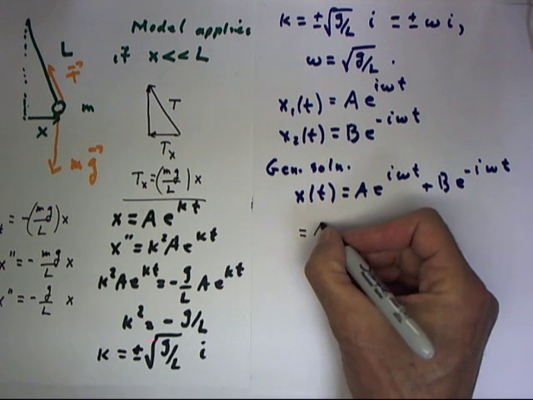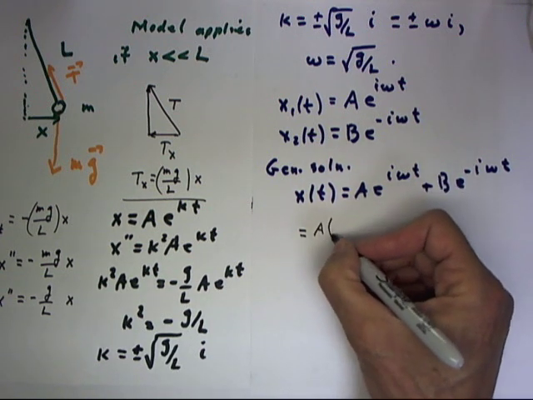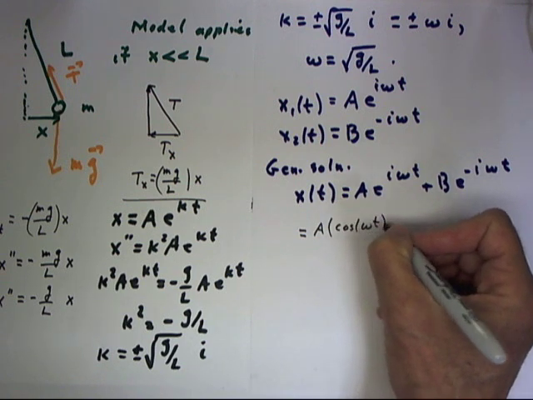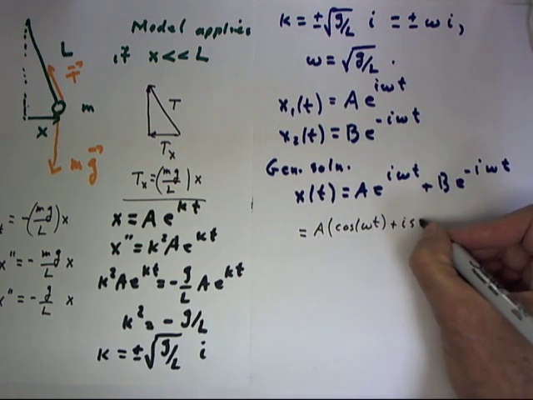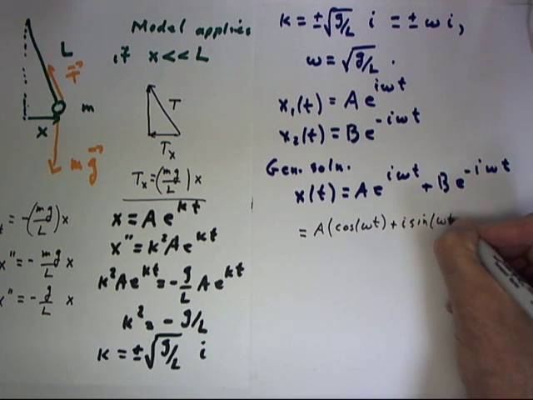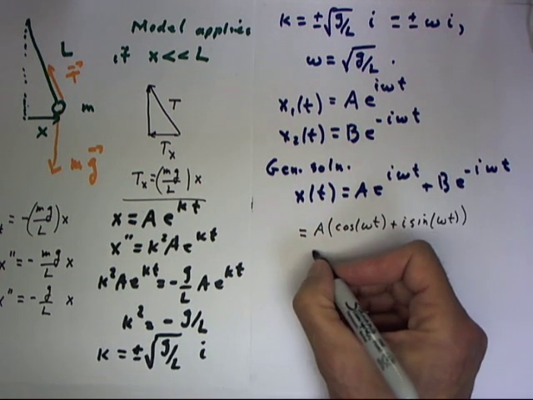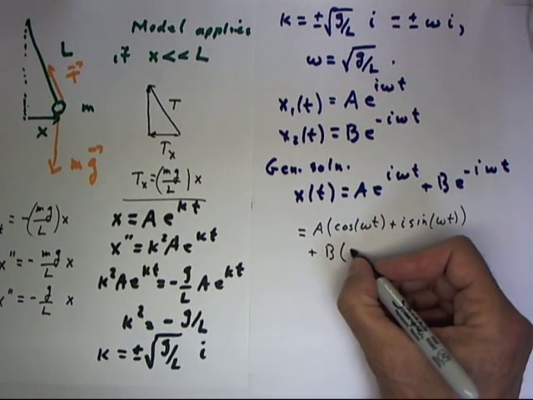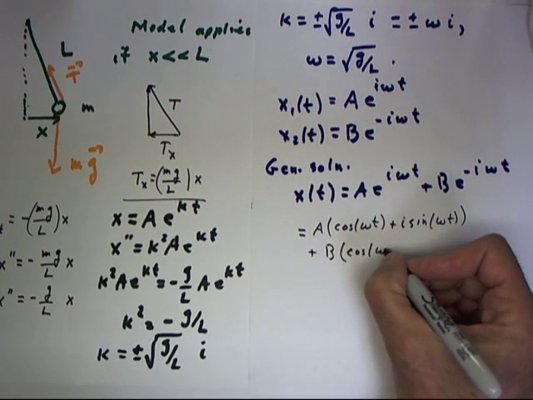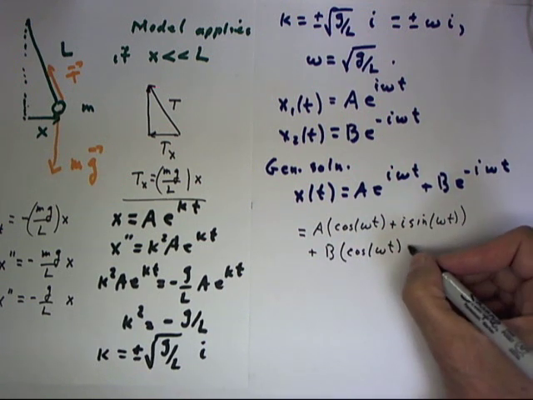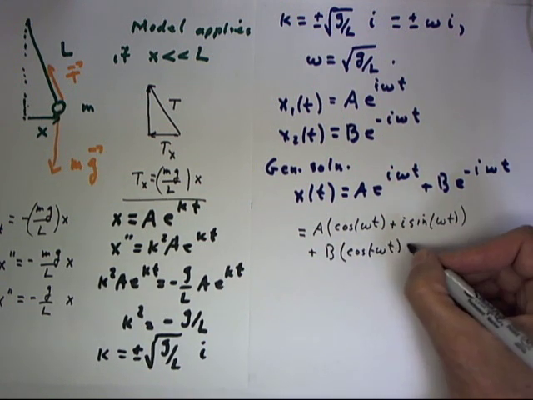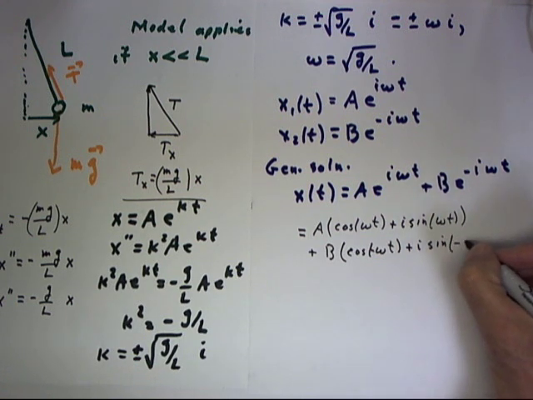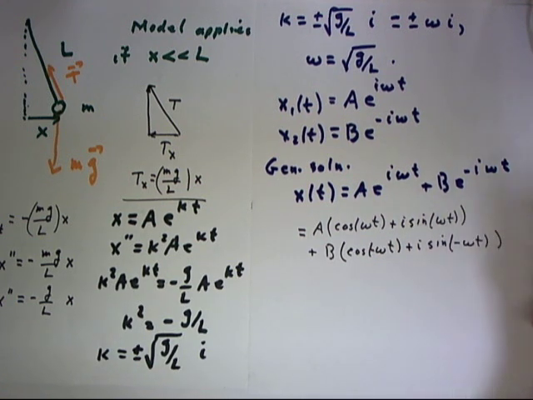We get a multiplied by the cosine of omega t plus i sine of omega t, plus b times the cosine of negative omega t plus i times the sine of negative omega t.